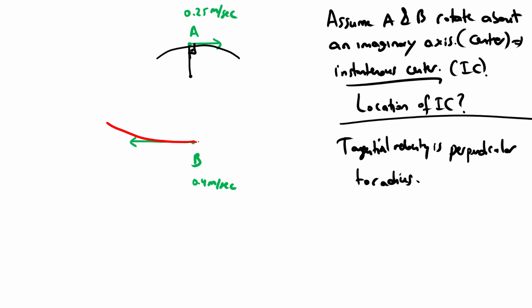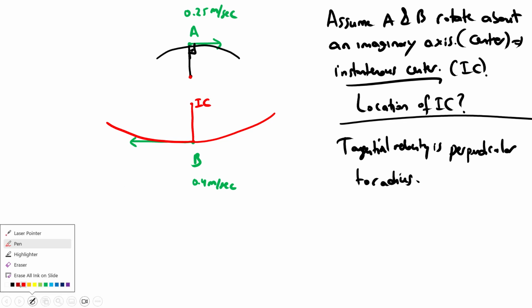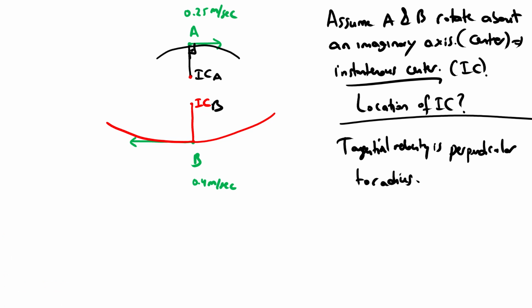And this circle will also have some instantaneous center, IC. So let me first do it here. This is for A, and this is for B. But this doesn't simplify the problem.